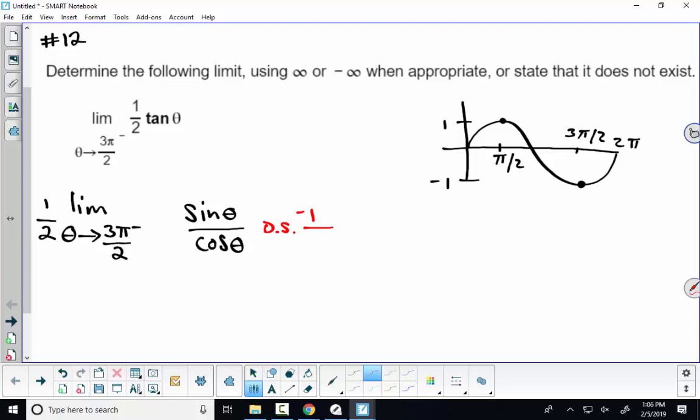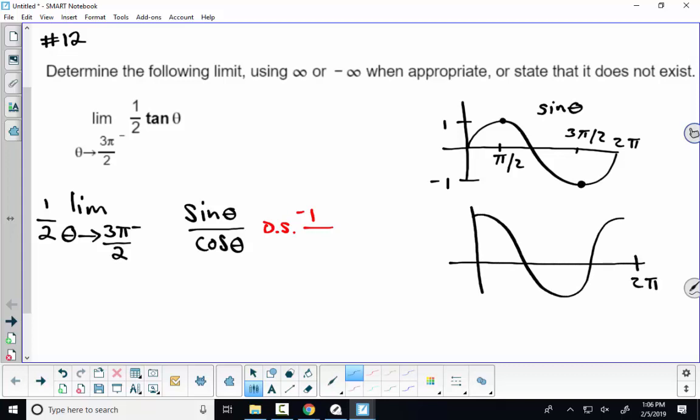Denominator approaches what? So here's cosine. It's 1, negative 1. The denominator is approaching 0. Here's 3 pi over 2. What values of 0 are we approaching through? We're approaching 3 pi over 2 from the left.